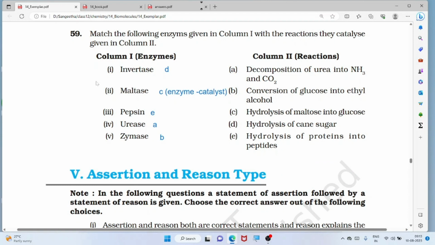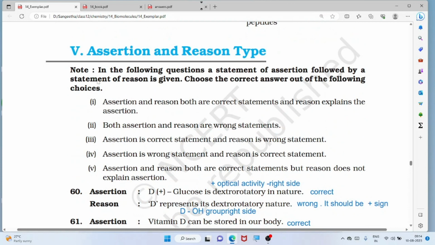These are some of the compounds. Invertase, okay, hydrolysis of the cane sugar. Maltase, this is the enzyme catalyst for the hydrolysis of the maltose into glucose, so this is used as a catalyst. Pepsin, this is hydrolysis of the proteins into peptides. Urease, this is the one. Zymase, this one.